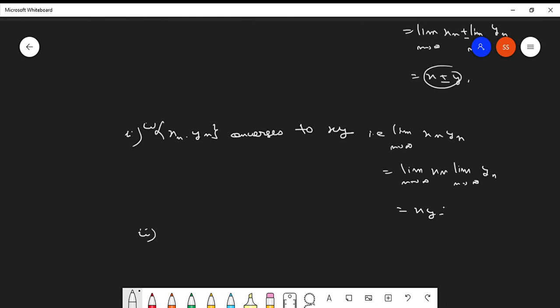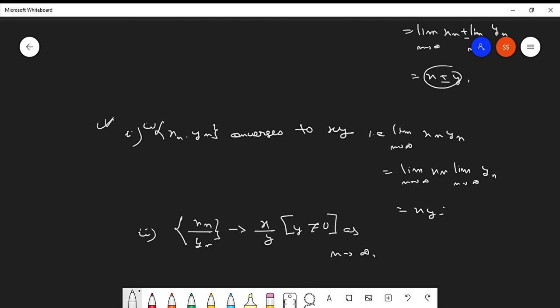Furthermore, as a corollary of this statement, the sequence xn over yn converges to x by y, provided y is not equal to 0, as n tends to infinity. Same thing which we wrote here, right? Got it?